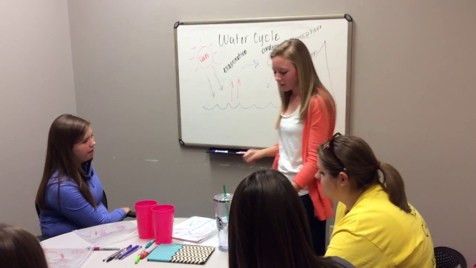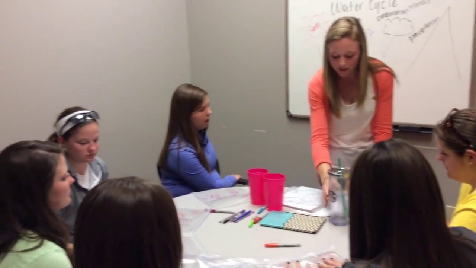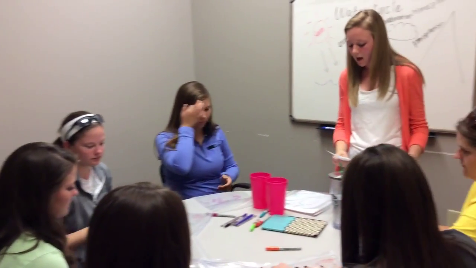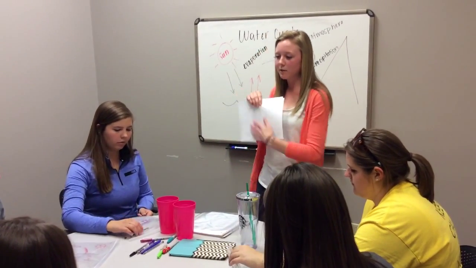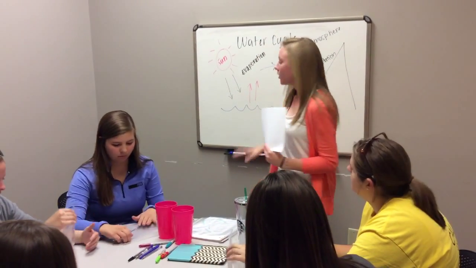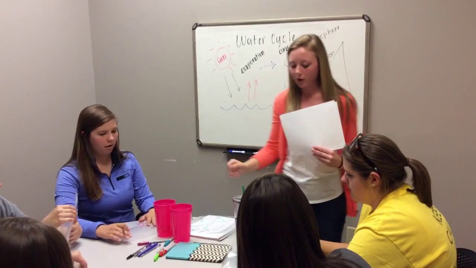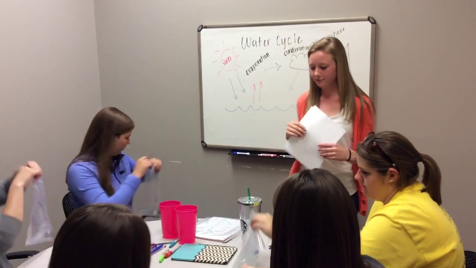Good job. Okay, for your assessment, you're going to have on the back of your sheet of paper, you're going to draw the water cycle right here. So let's all put our water cycles behind our chairs.